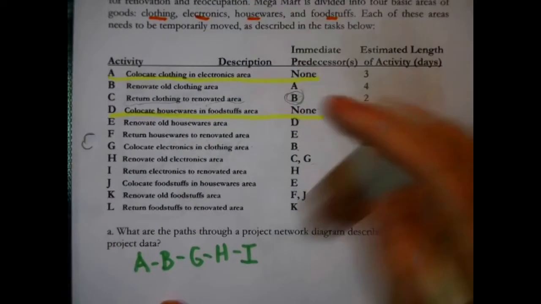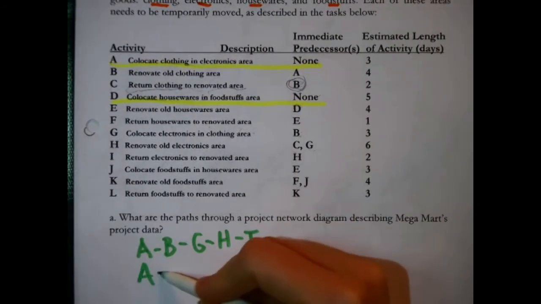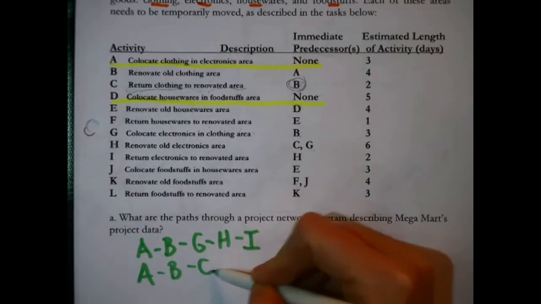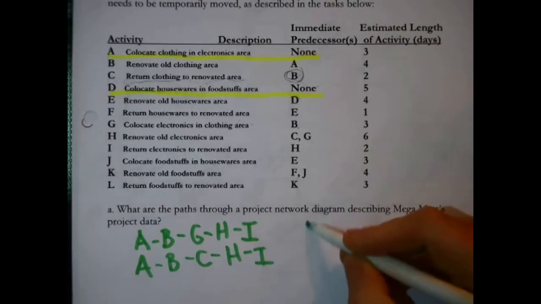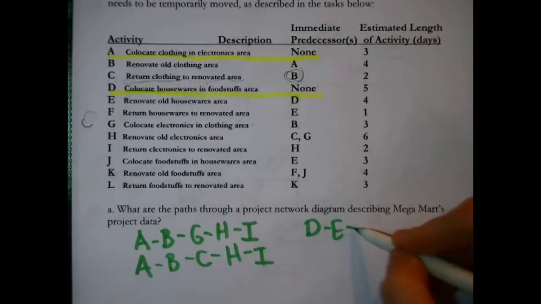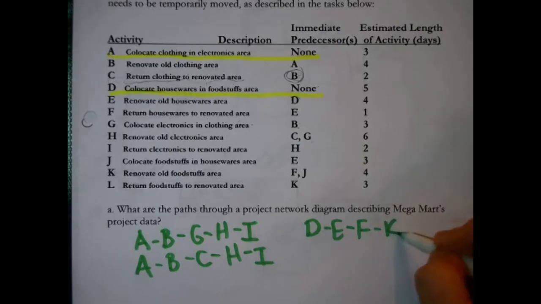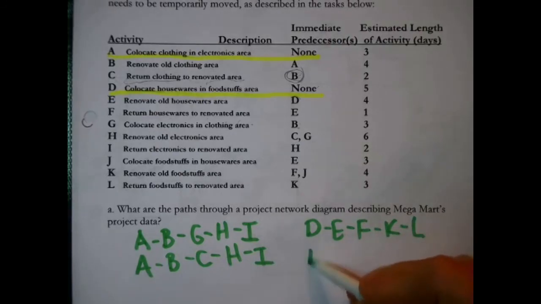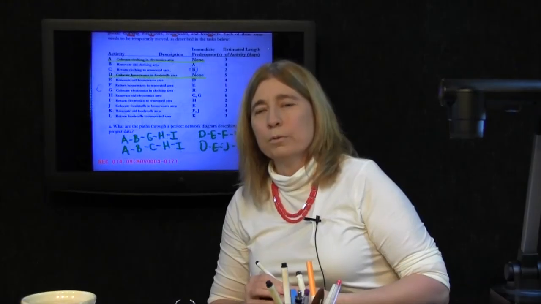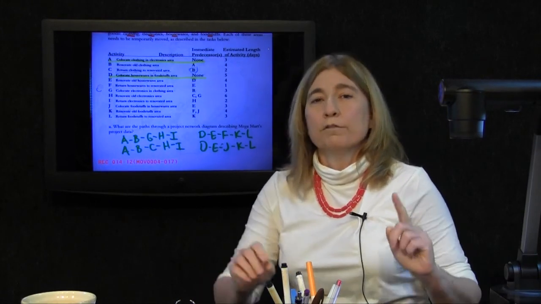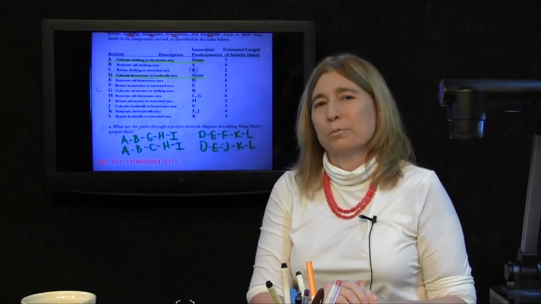Or A to B to C to H to I, right? That's kind of its twin. Or D, E, F, K, L, or its twin, D, E, J, K, L. And at that point, we have finally found the 4 paths through this particular network.